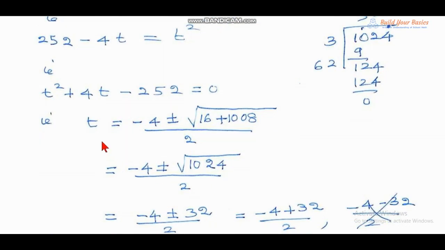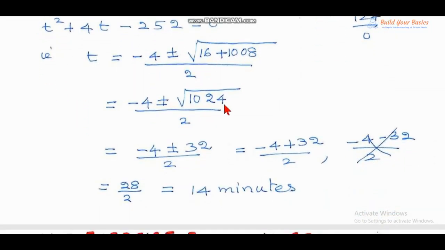Solve by formula method. So t equal to minus b plus or minus square root of b squared minus 4ac, whole divided by 2a. Minus 4 times first number and last number: the last number has a minus, so it becomes plus. 4 times 252 is 1008. Total 1024. Square root is 32. So minus 4 plus or minus 32, whole divided by 2.